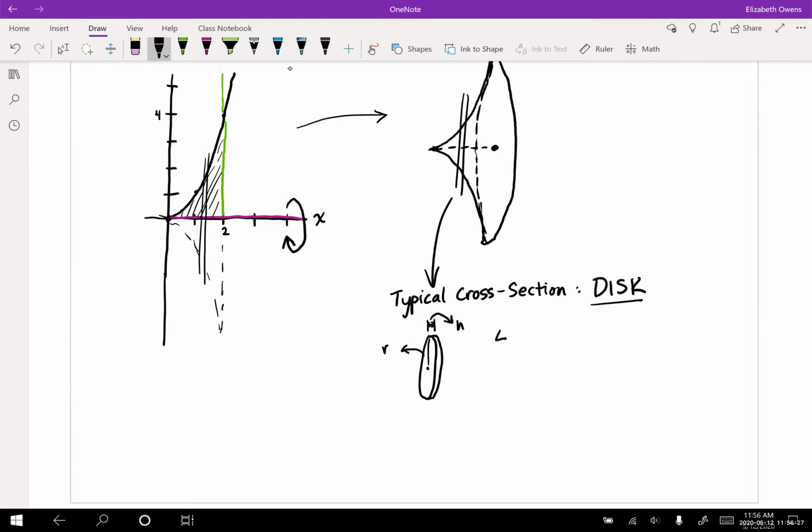And so the volume of that tiny little cross section is going to be our cross-sectional area times the height. Or you could say pi r squared h. But here, like Felipe was mentioning, the radius is shrinking as you're looking from right to left, or it's growing if you're looking from left to right.